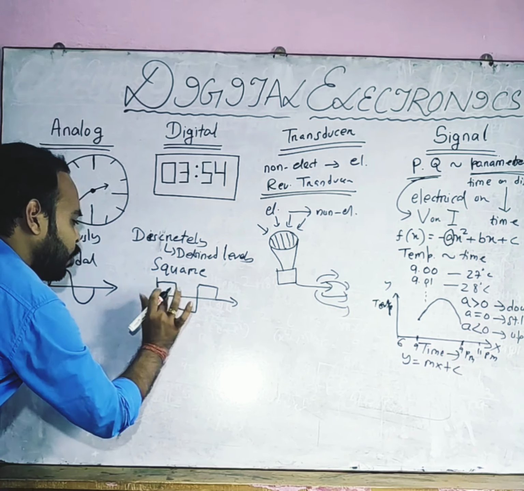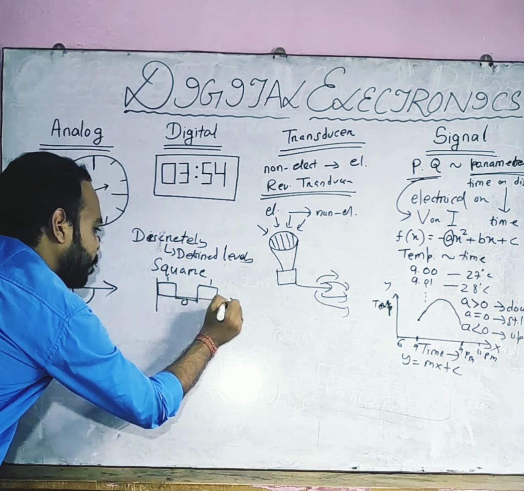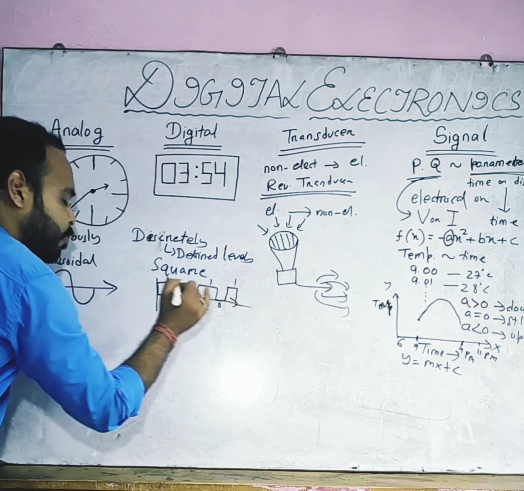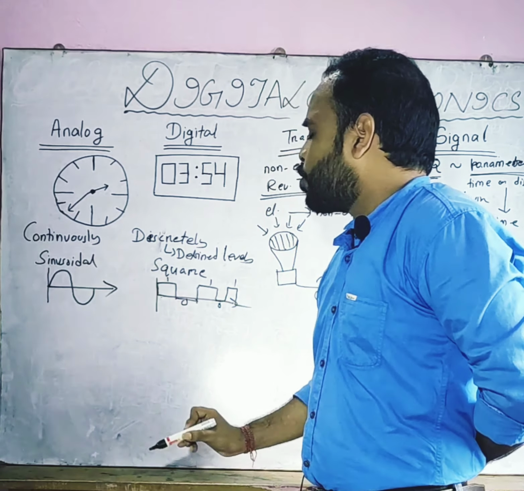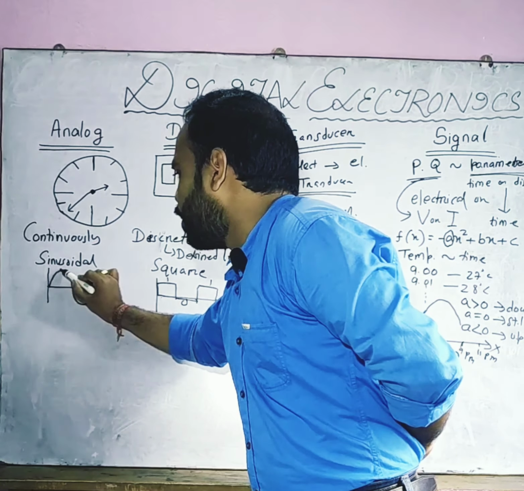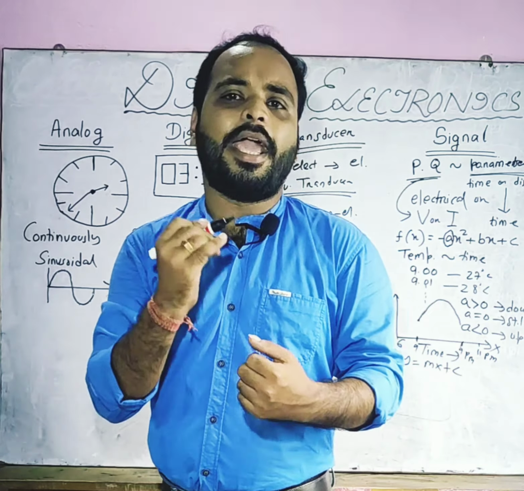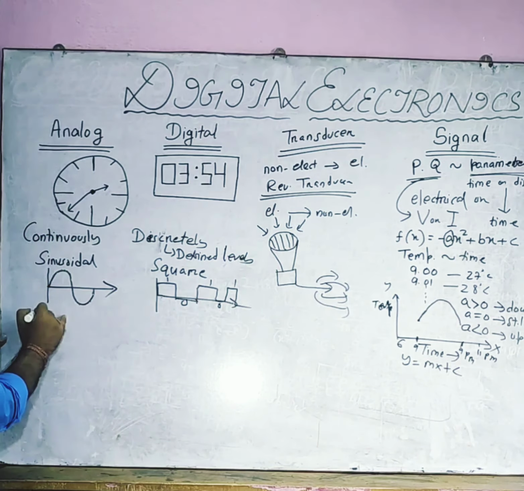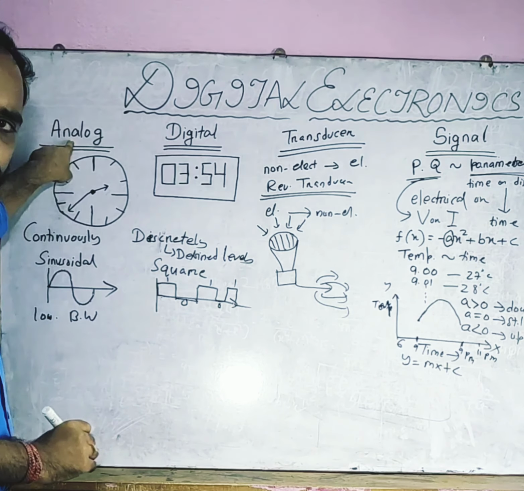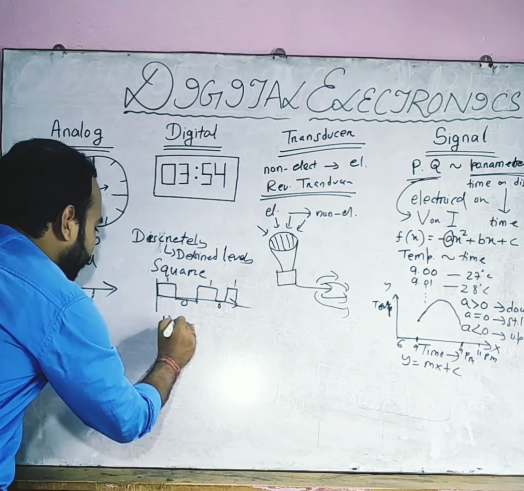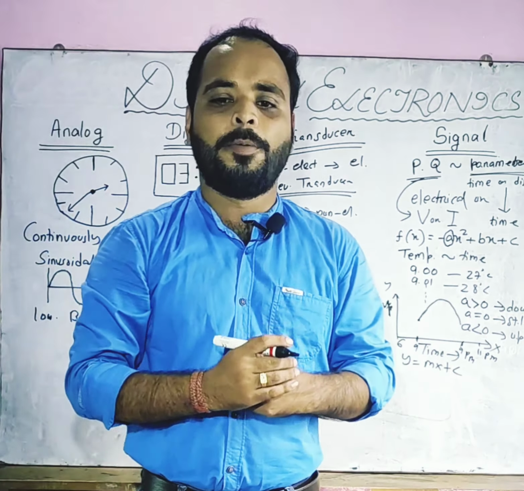The lower value is 0, the higher value is 1. Here the analog signal is represented by a sinusoidal wave because there are multiple values in the analog signal. Again, when there is a case of low bandwidth, analog signal is used. When there is a condition of high bandwidth, digital signals are used.